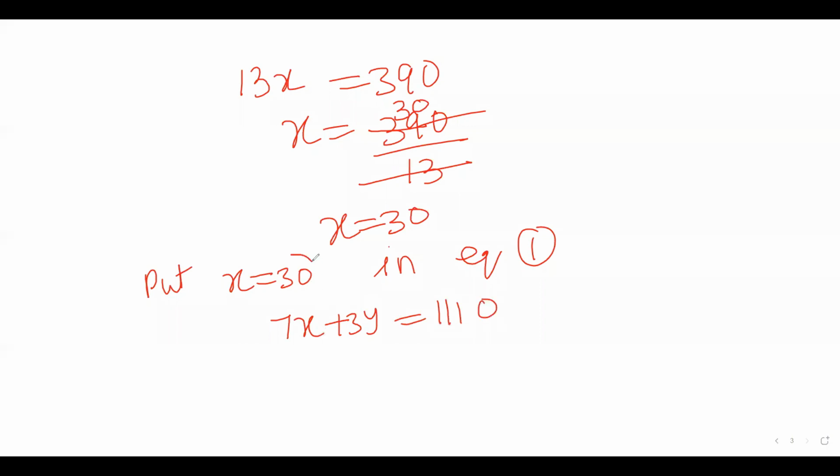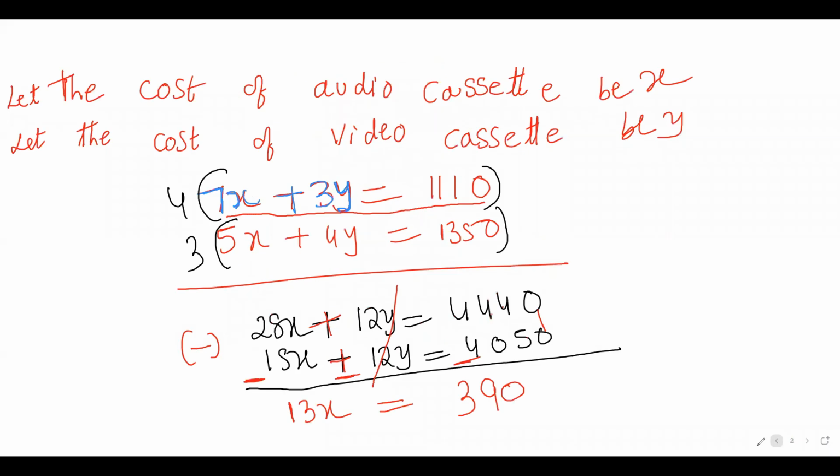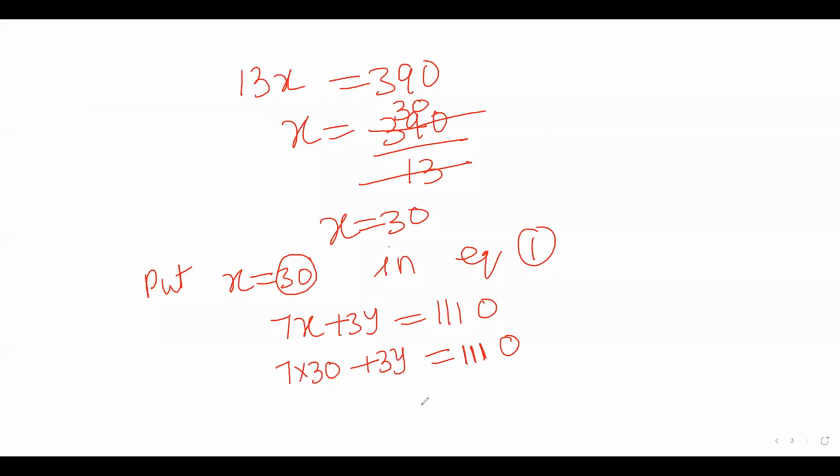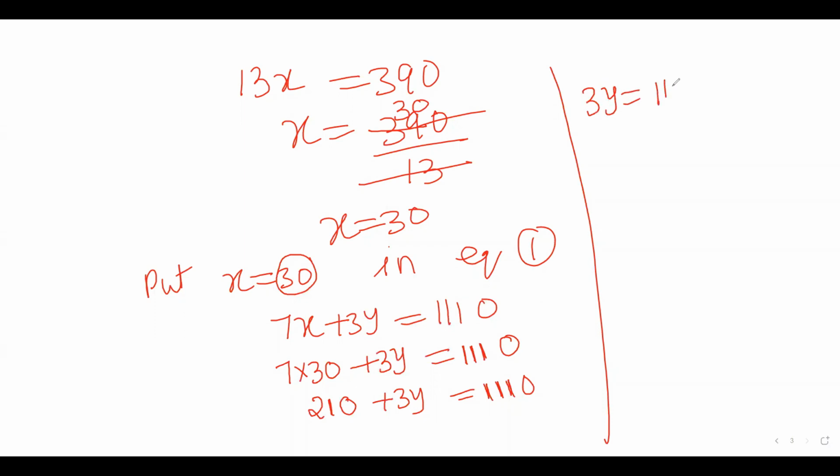So I am putting the x value as 30. 7 into 30 plus 3y is equal to 1110. 7 threes are 21, so 210 plus 3y is equal to 1110. 3y is equal to 1110 minus 210.